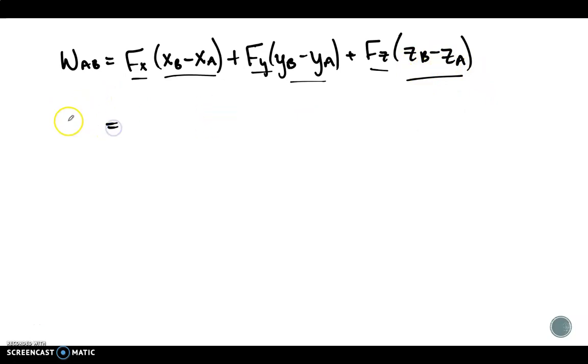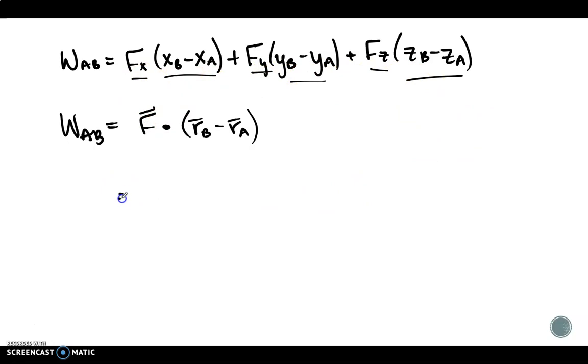So we can say now that this work from a to b is f bar dotted into r bar at b minus r vector at a. Hopefully you see this pattern.